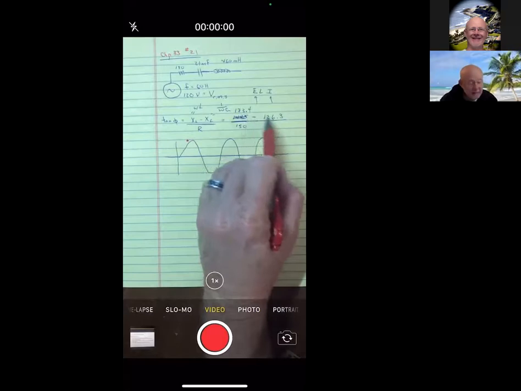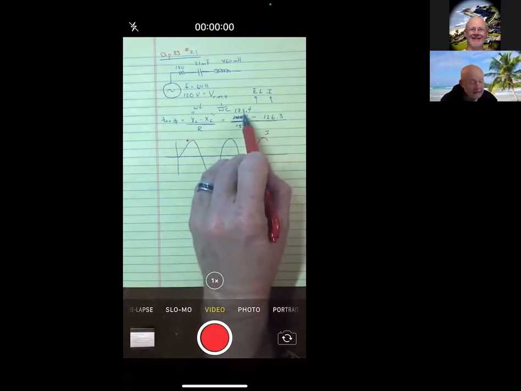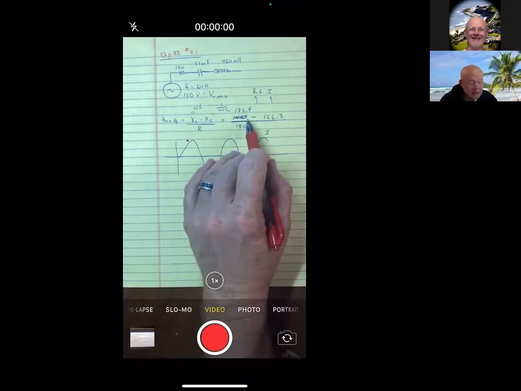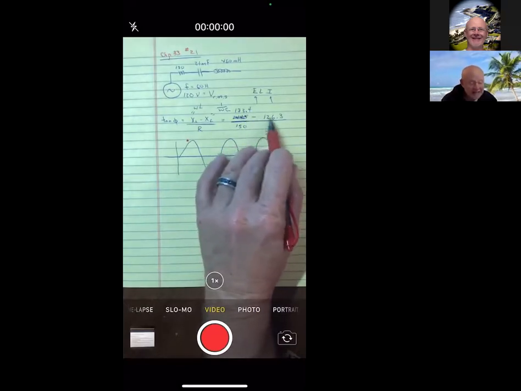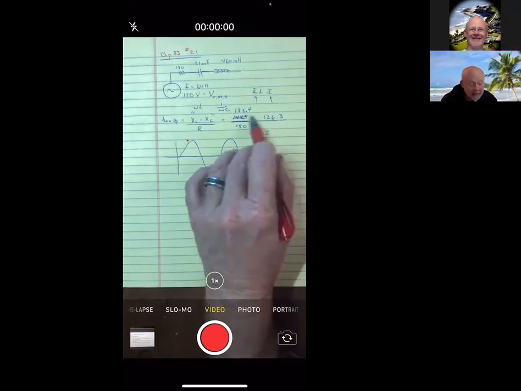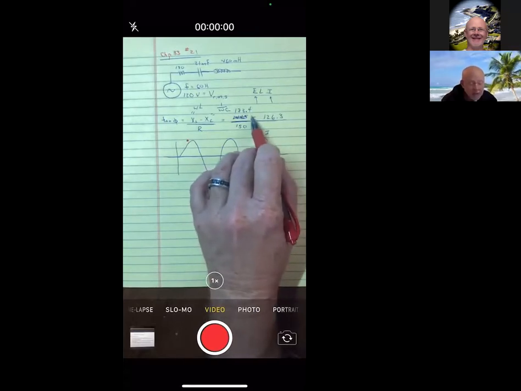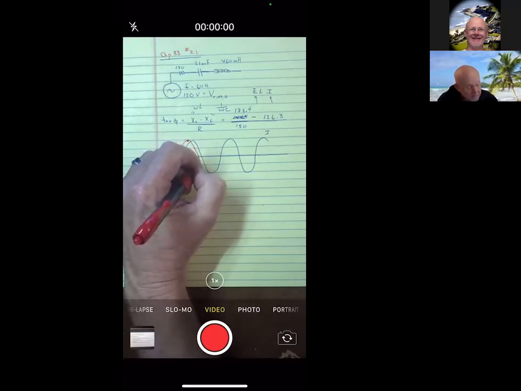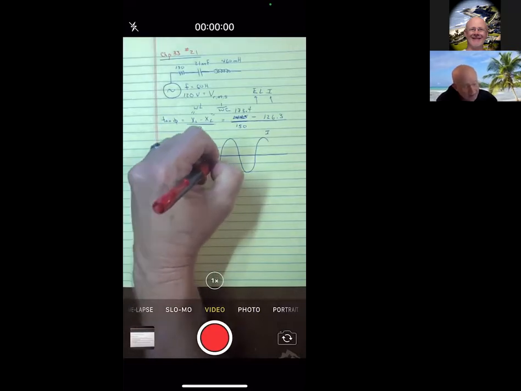And given these numbers, it's definitely before, but not much before, right? This is the inductor and the capacitor balance each other. And if they exactly balanced each other, they would be in phase. And so we're going to be a little early. But not by much.